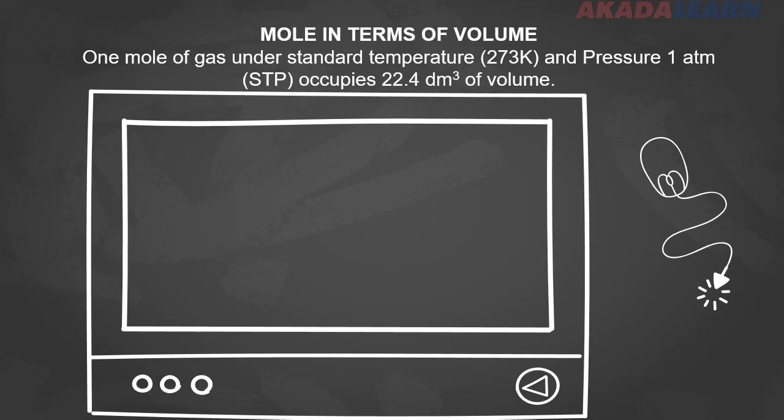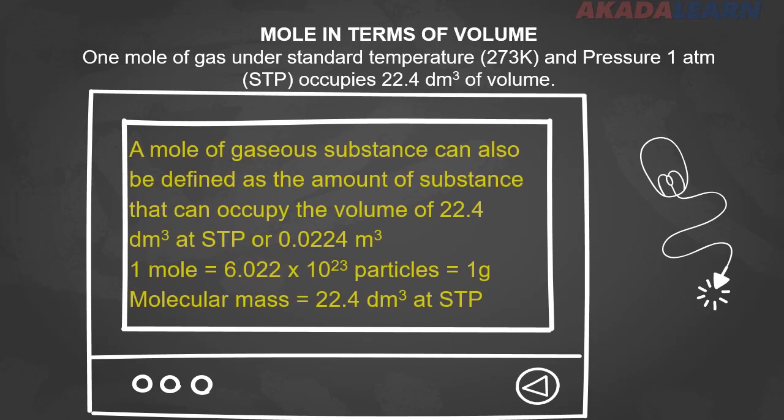Let's now take a quick look at mole in terms of volume. 1 mole of a gas under standard temperature, which is 273 Kelvin, and pressure 1 atmosphere, will always occupy 22.4 dm cubed. A mole of gaseous substance can also be defined as the amount of substance that can occupy a volume of 22.4 dm cubed at standard temperature and pressure.